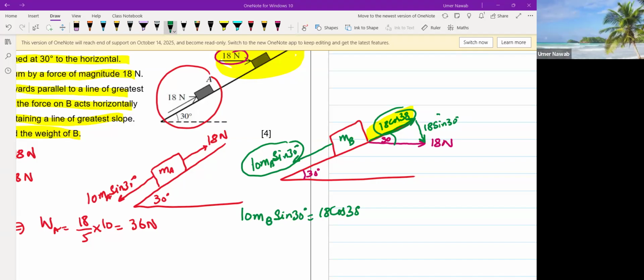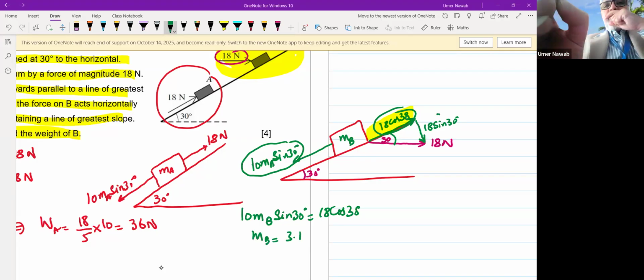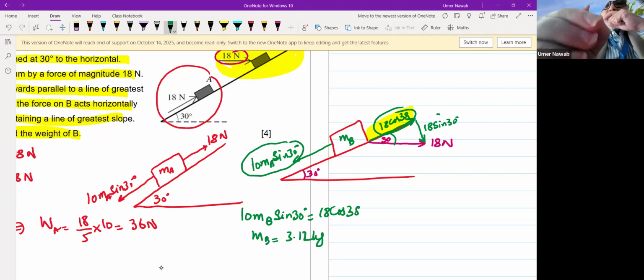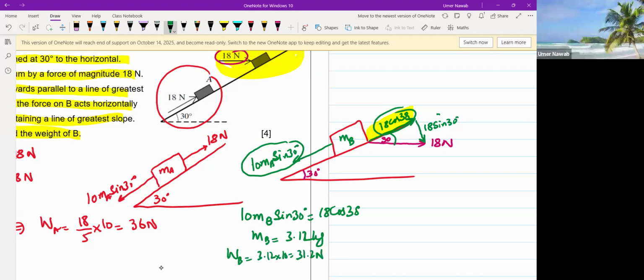That is the mass, MB is 3.11. Let me see. Yeah, 3.12 kgs. I need to multiply by 10. The weight of B is 3.12 times 10. So 31.2 newtons is the final answer.